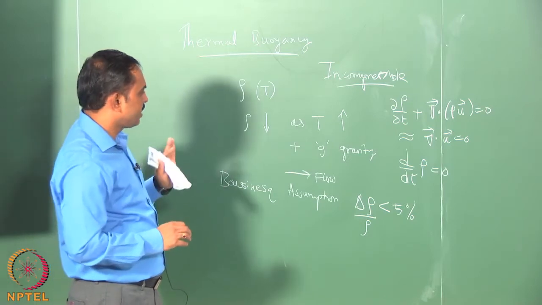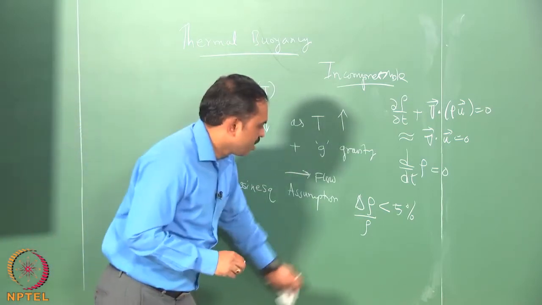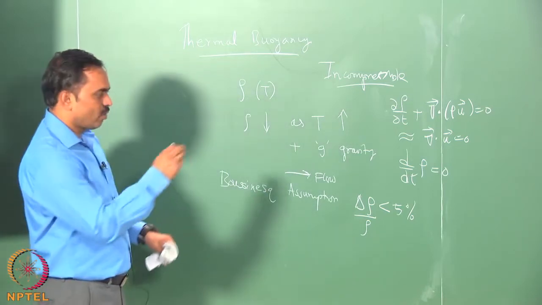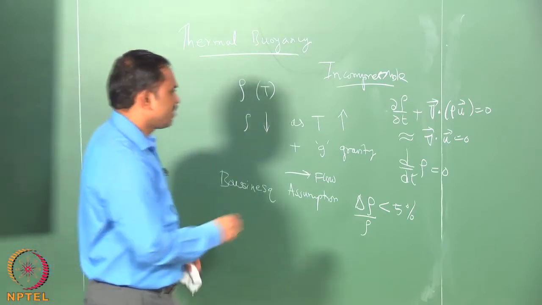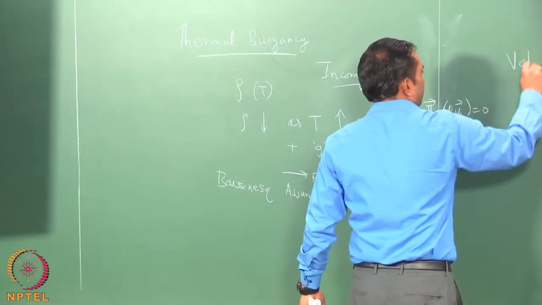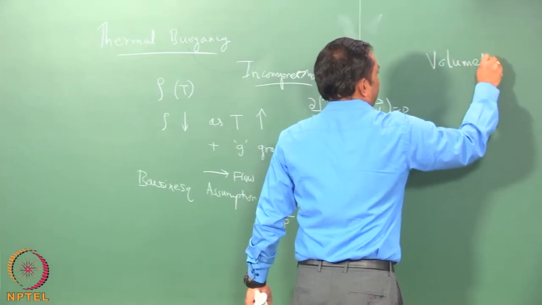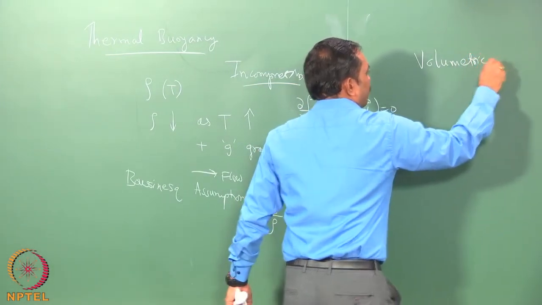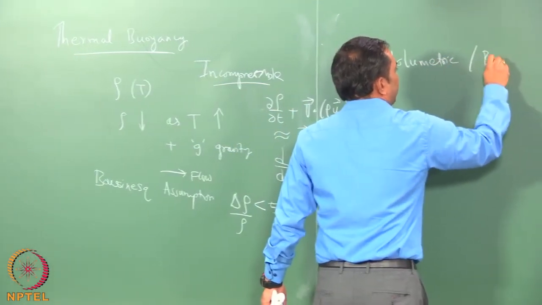Okay. So, under that constraint we can just then use the thermal buoyancy as a volumetric term, or the body force term.